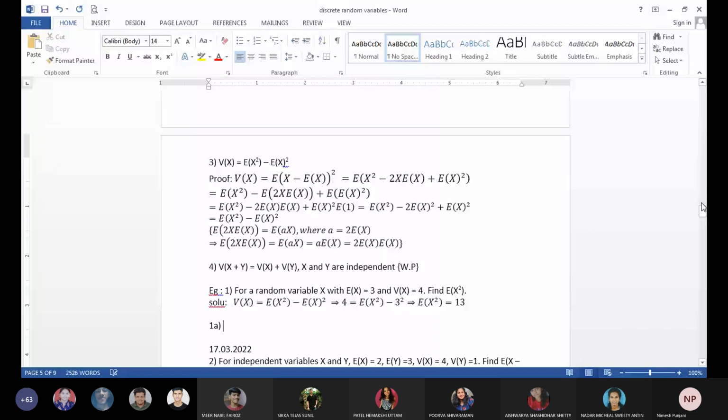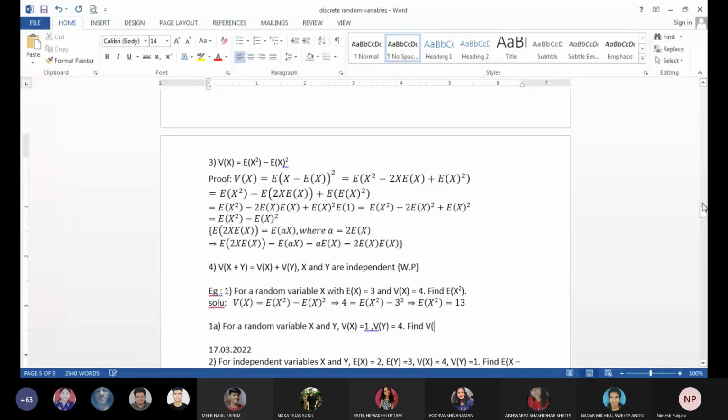For random variables x and y, expected value of x is 3, expected value of y is 2, variance of x is 1, variance of y is 4.